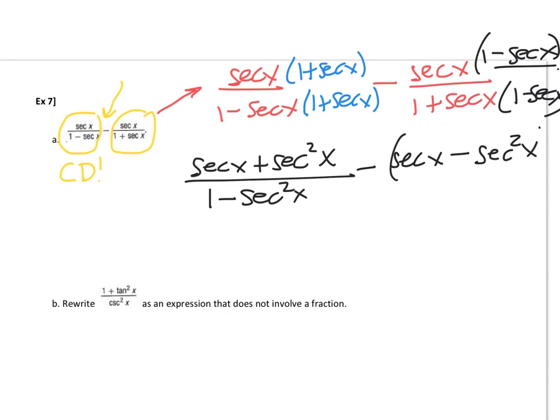I'm going to put that in parentheses. There's my minus. So I'm going to put that over 1 minus secant squared of x.